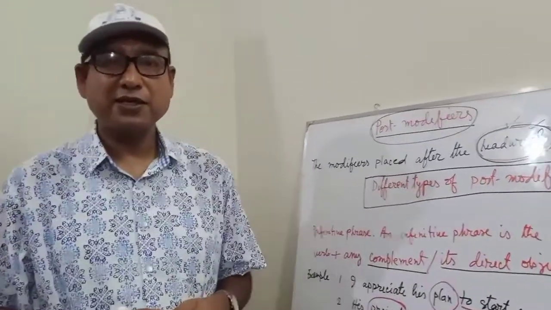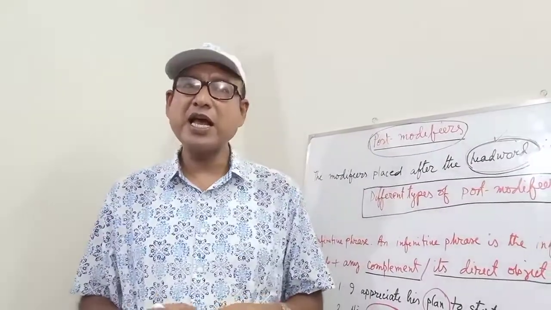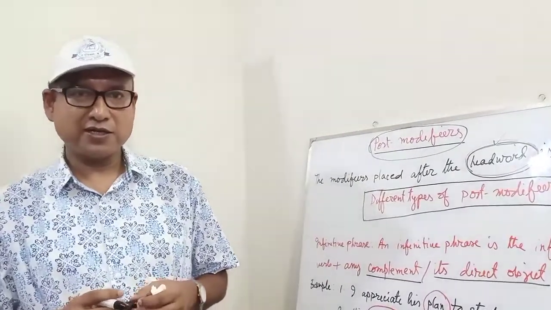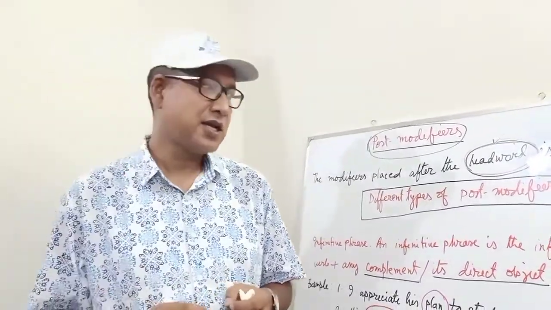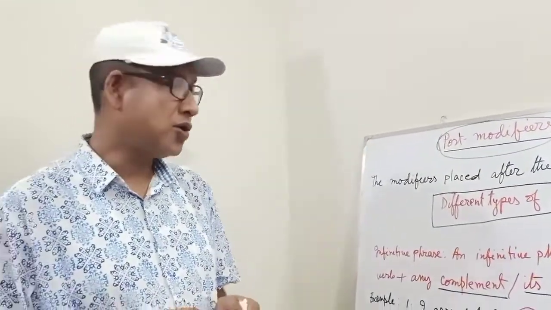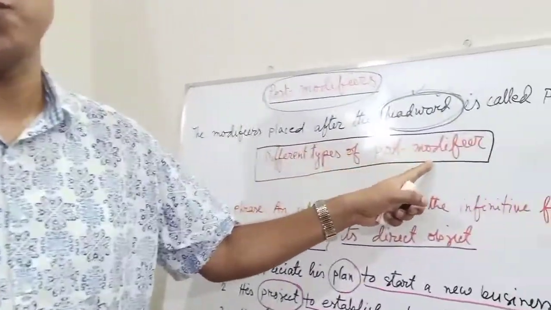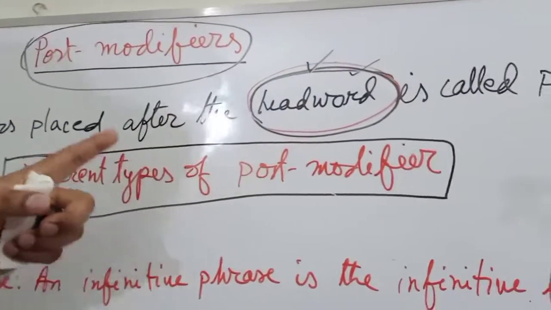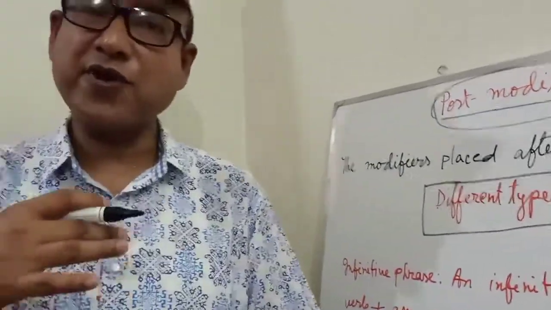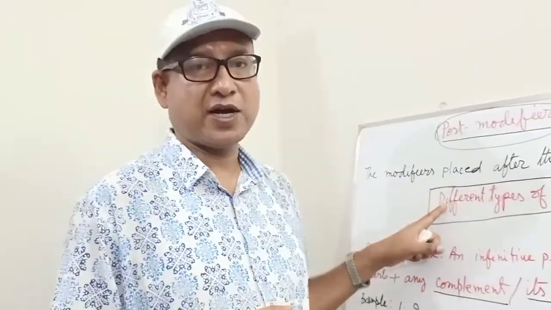I think in the previous classes you have got a clear idea about post modifier, the definition of post modifier, but today we want to discuss different types of post modifier. How different words and different phrases are used as post modifier.